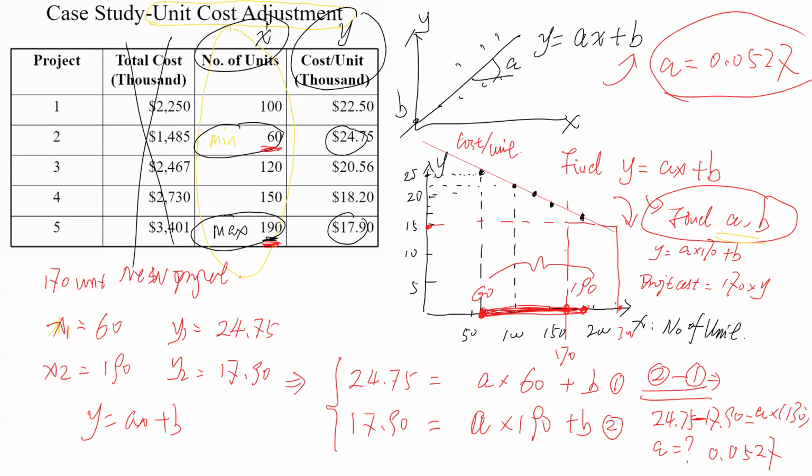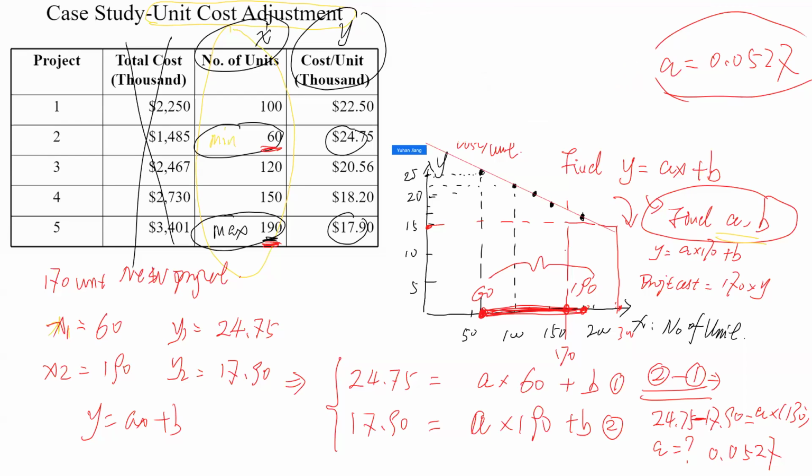That's right. Okay, now we are going to use the A here to find the B. So if we're using equation 1, which one? Right here. Okay, let me do it again. Guys, pay attention. How I get A, I will do it again, okay?